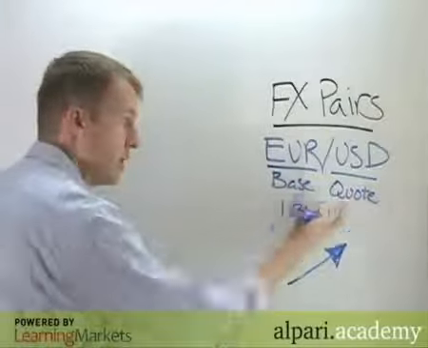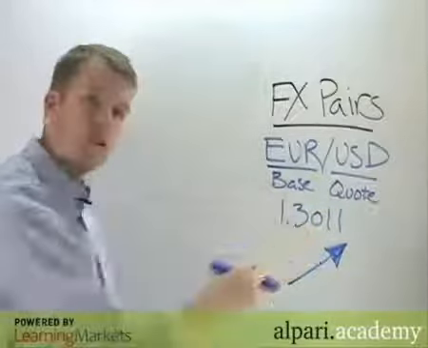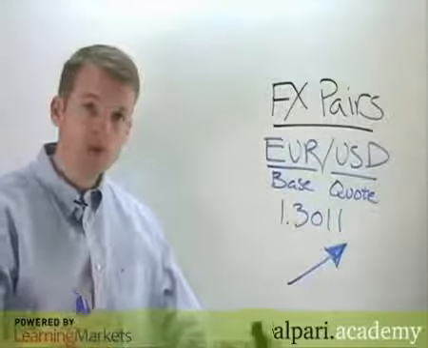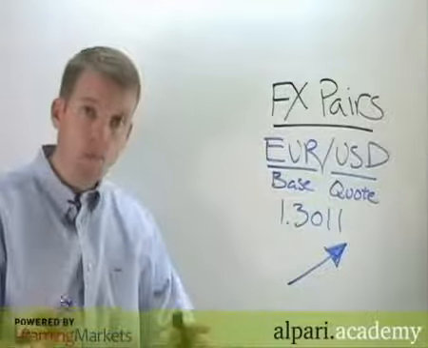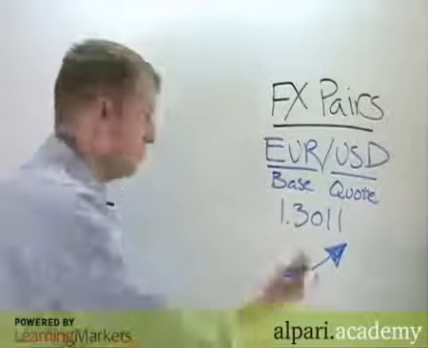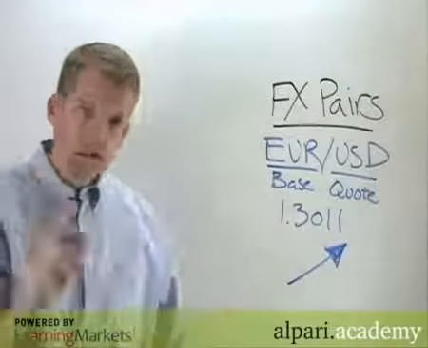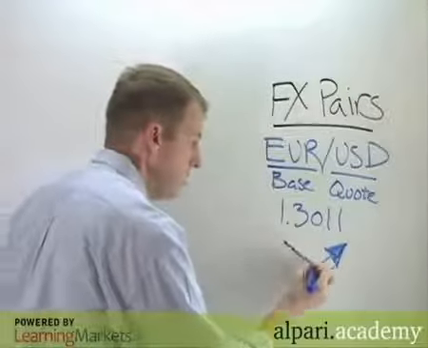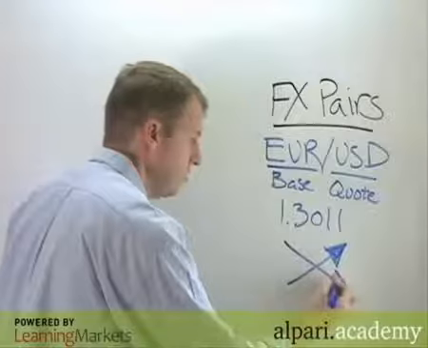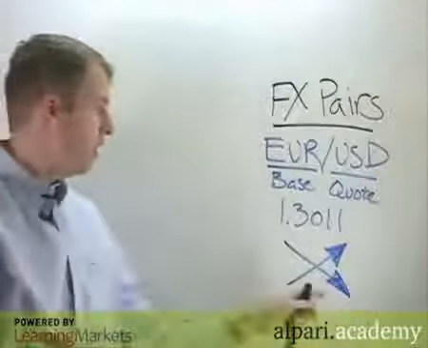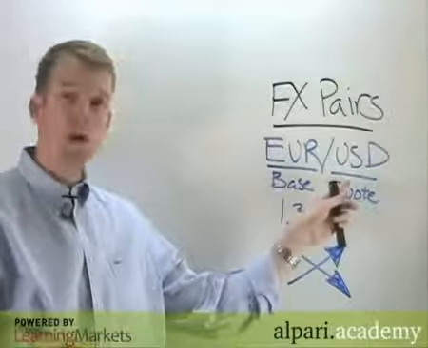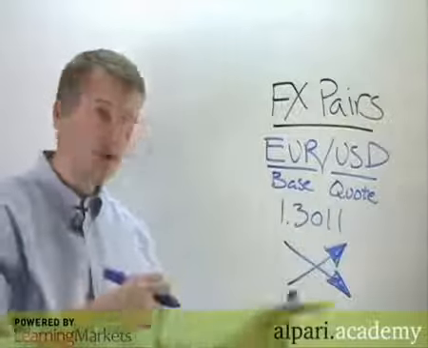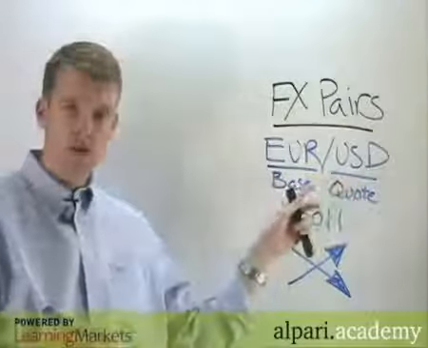Because if this exchange rate increases, it's going to start costing more dollars per euro. So it will take more of a weaker asset to buy 1 euro. Now, the exchange rates go both ways, obviously. If this currency pair starts to fall, essentially what we're saying is that it's going to require fewer dollars to buy a euro. So the dollar is getting stronger compared to the euro.